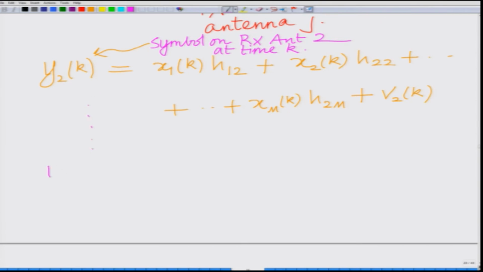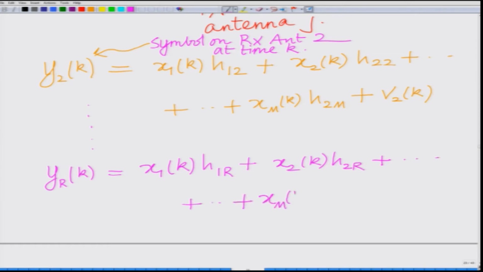So on and so forth. I can extend this model to yRk equals x1k h1R plus x2k h2R plus xMk hMR plus vRk, alright. yRk is the symbol received on receive antenna R at time instant k.